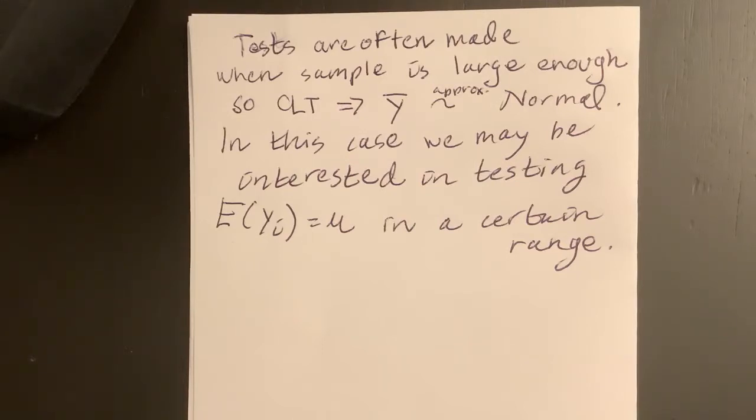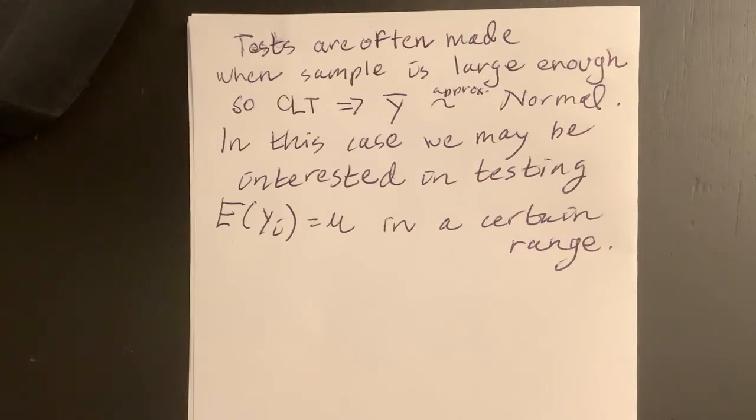So this is a very common way to use hypothesis tests, and it seems pretty powerful because you don't really need to know too much about the underlying sample. You just assume independence, and then you can claim a normal distribution for the sample mean, and that allows you to make inference about the expected value of one outcome.